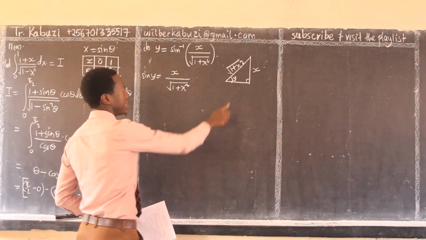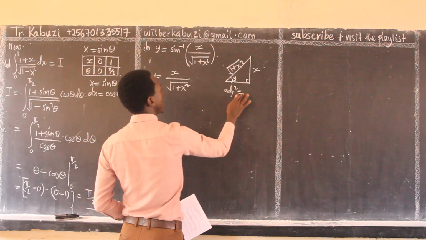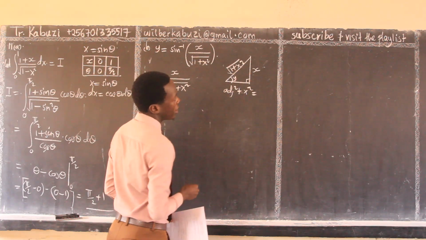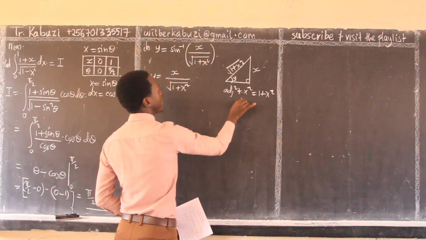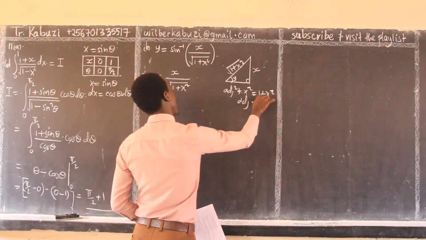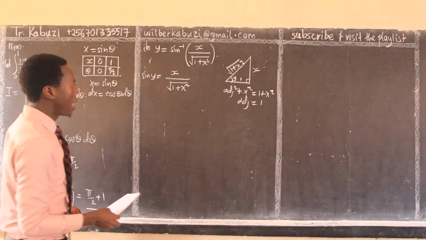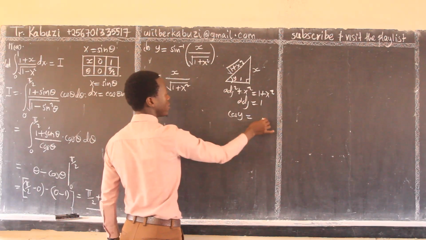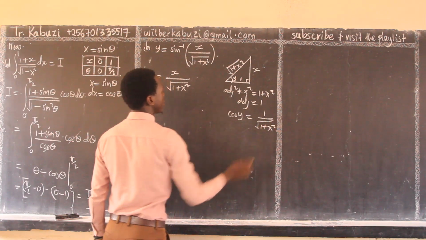Adjacent squared plus the opposite squared will give you the square of the hypotenuse, which is 1 plus x squared. So from there our adjacent is the square root of 1, which is 1 because we are dealing with distance, so don't expect a negative. So from there I can immediately get my cos of y, which will be adjacent over hypotenuse, so 1 over the square root of 1 plus x squared.